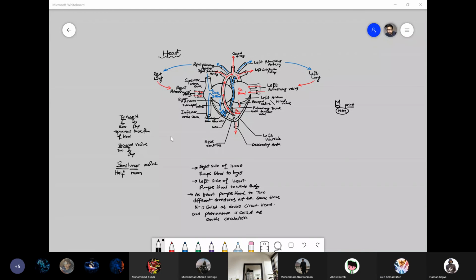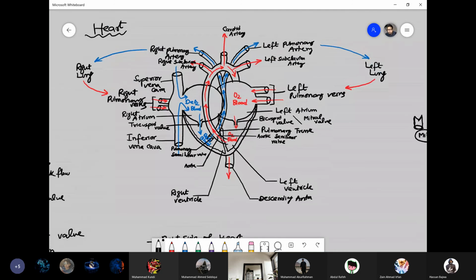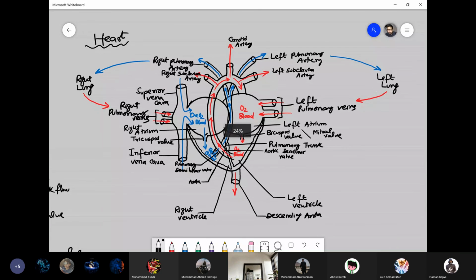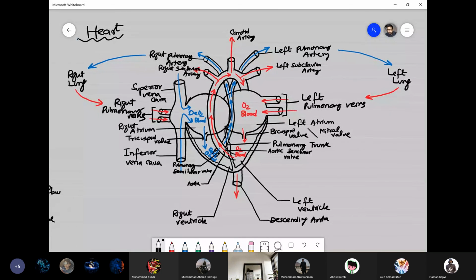And remember one thing, boys, whenever you are labeling, do you see any labeling crossing the other labeling? No. So remember, never cross two labels, otherwise your marks will be cut. I have done so many labelings over here, but not a single labeling is cut. So never cut the labelings, okay?